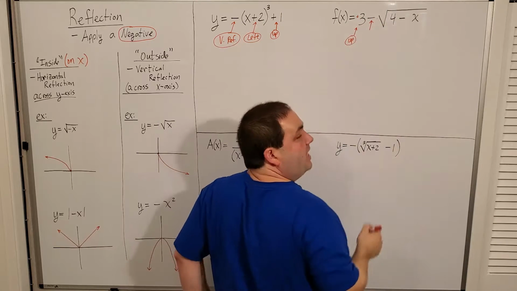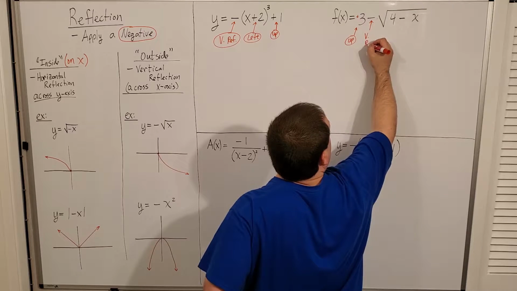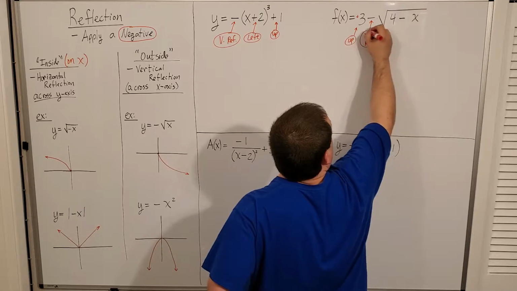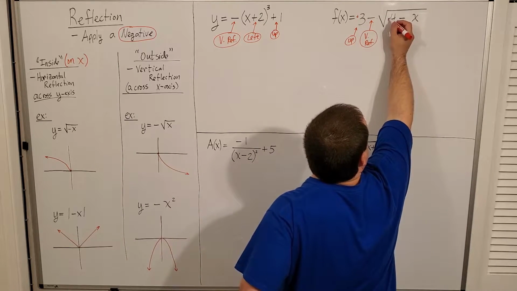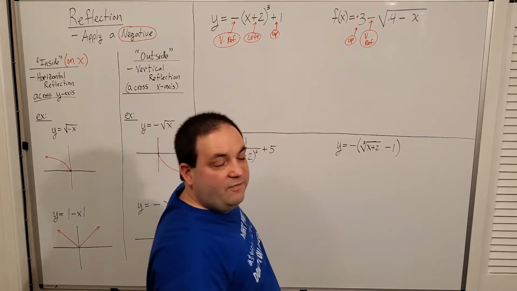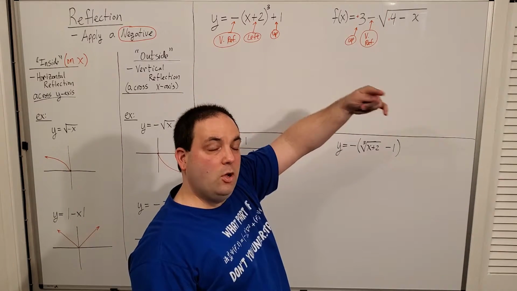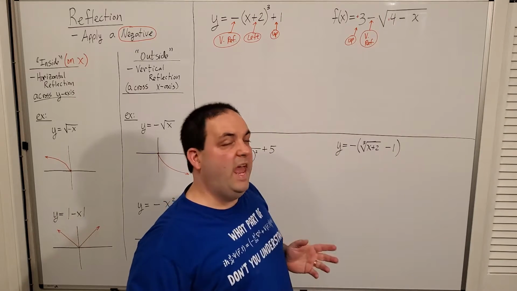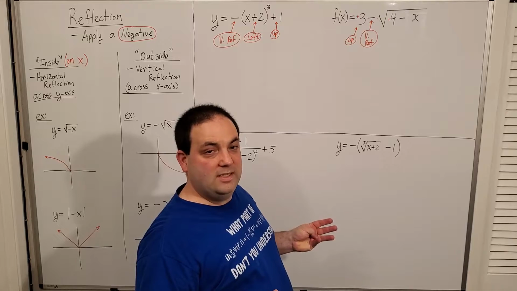The negative is not attached to the 3. This is a vertical reflection. Inside, it is a +4. Don't let that fool you. The fact that there's a negative floating on the x has switched up everything on the inside. It gives an opposite of an opposite logic, basically.